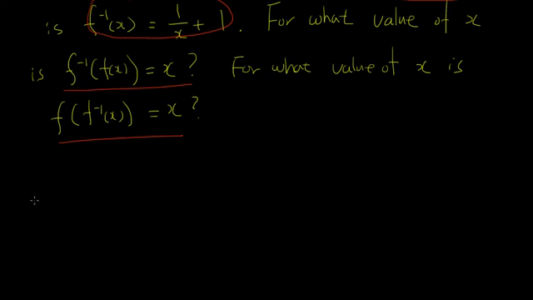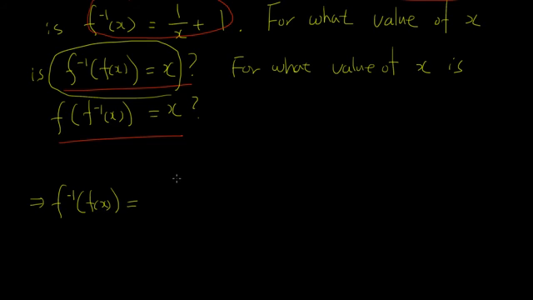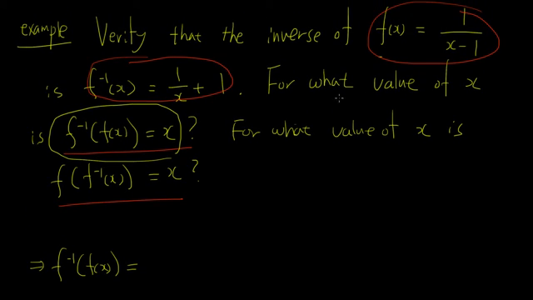So let's try this first. So f inverse of f of x equal, what's our f of x? Our f of x is right here. So f inverse of, instead of writing f of x, I'm going to write this whole thing, 1 over x minus 1.